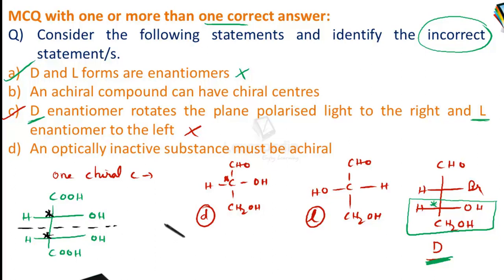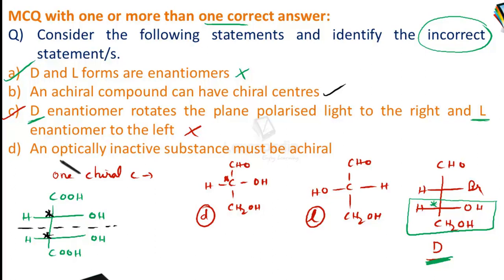The plane which divides the molecule into two equal and identical halves is called the plane of symmetry. So because of the presence of the plane of symmetry, its optical activity is 0. So this is an achiral compound, but still it can have chiral centers. So this is a correct statement. As this is a correct statement, definitely this cannot be in our answer.